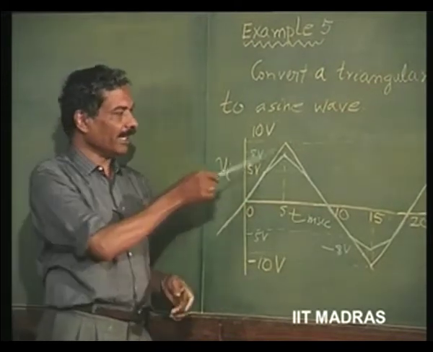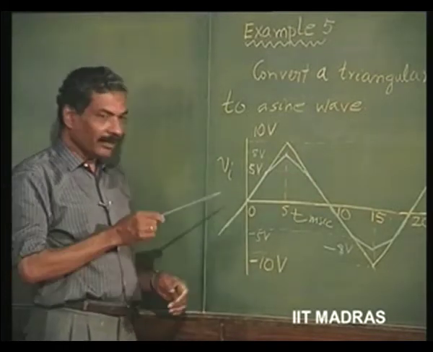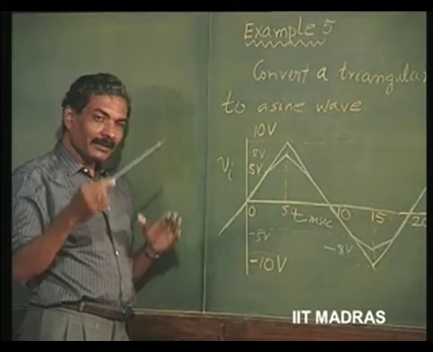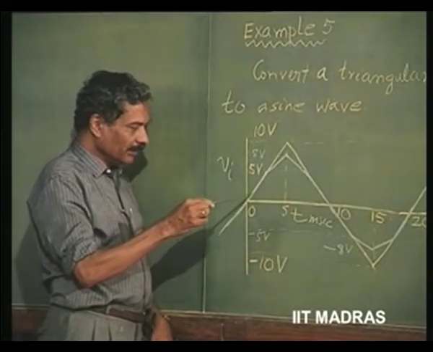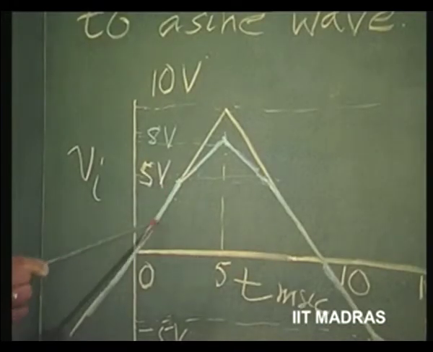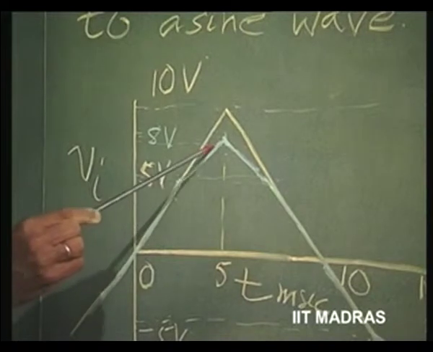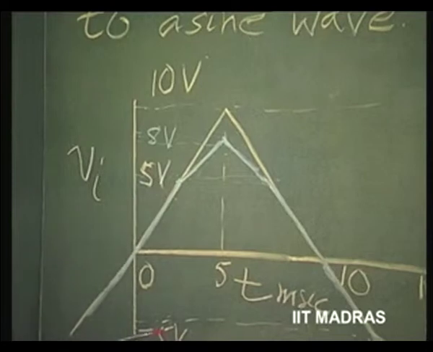Let us say we have a triangle with that kind of period of 20 milliseconds, and I would like to convert this into something which is approximate to a sine wave, which means in this particular region it is almost going to look like a sine wave. The triangle itself looks like a sine wave, and here instead of going to a peak like this, it will go to a lesser peak.